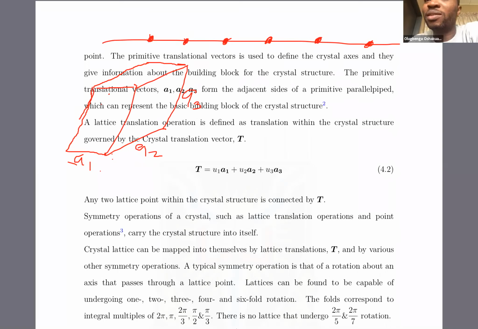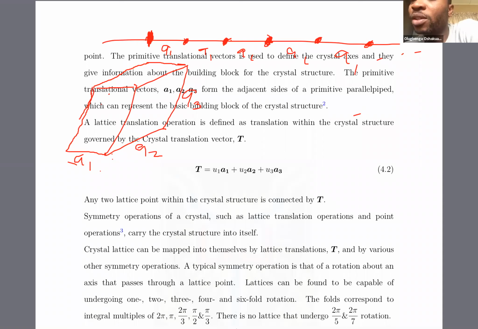When you take this point as a reference point, and this A1, A1, A1, A1, A1, when we say 3A1, 3 is an integer. 1, 2, 3, we'll find ourselves here, on a lattice point. When we say 2A1, 1, 2, we find ourselves on a lattice point. When we say 500A1, when we go further, we will find ourselves on a lattice point.